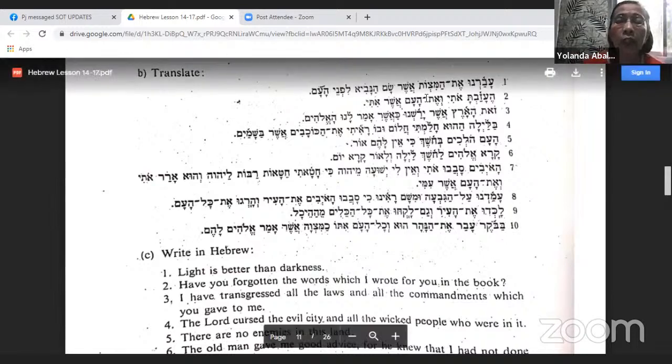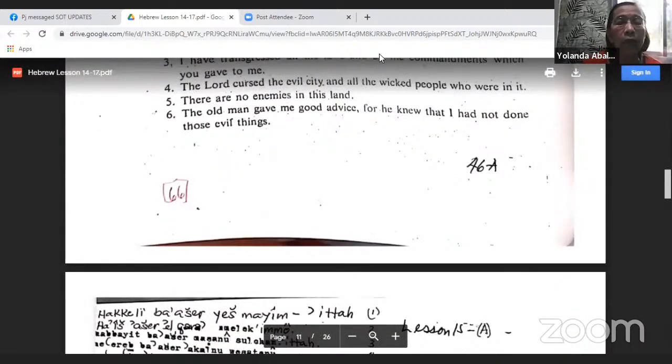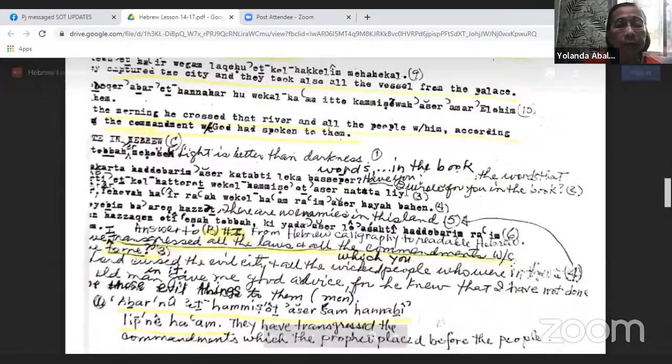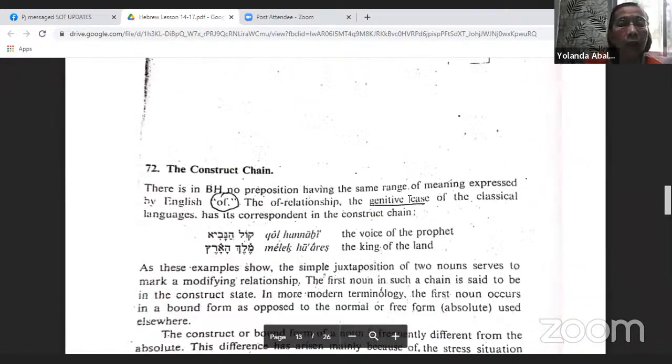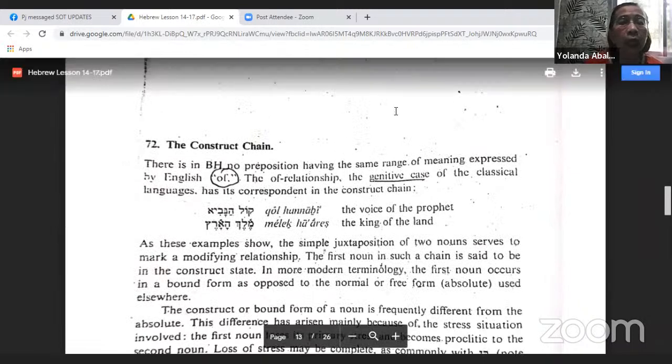Alright? So you see, ganun. Mabilis lang. Kahit na hindi ka natitingin sa kodigo. Ito tayo. Sa perfect. Wow.